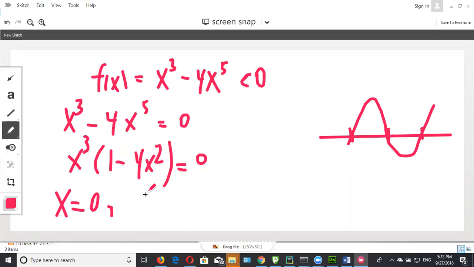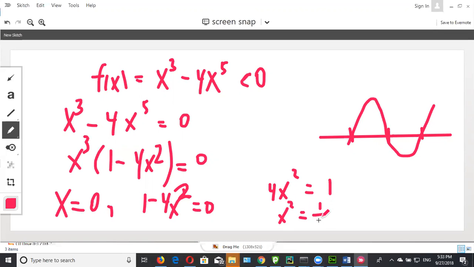Then we set 1 minus 4x squared equals 0, which we can rearrange to get 4x squared equals 1, or x squared equals 1/4, which gives us x equals plus or minus 1/2 if you take the square roots on both sides. So we have x equals 0, x equals plus or minus 1/2.